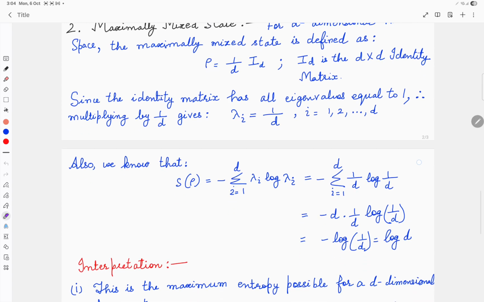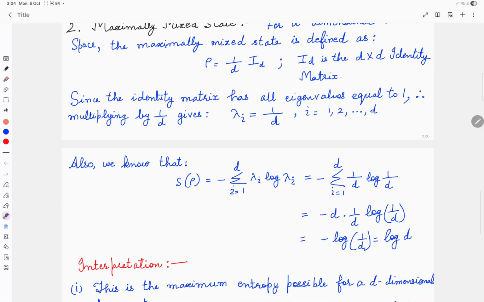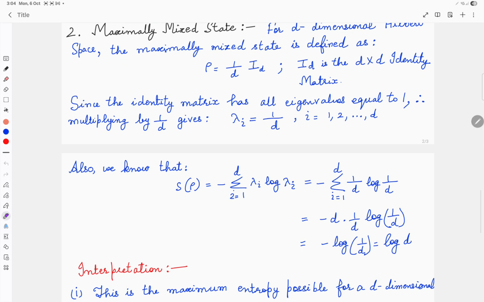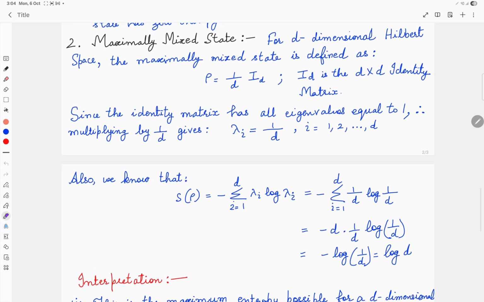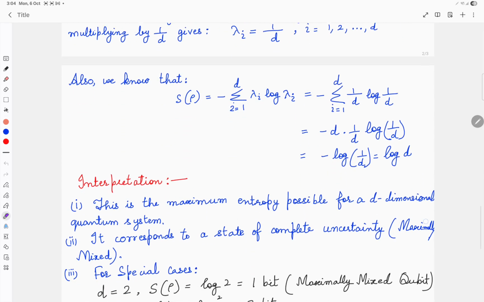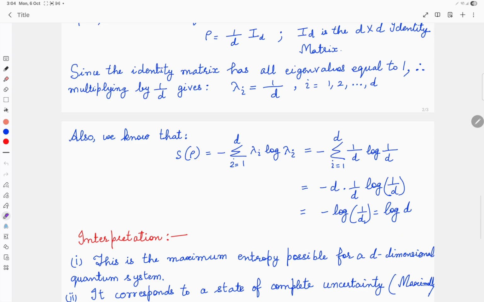So 1 multiplied by 1 over d will give the eigenvalues, and all eigenvalues will be equal to 1 over d. Using this eigenvalue, 1 over d, in the von Neumann entropy formula, we will get von Neumann entropy equal to log d. So in the case of the maximally mixed state, the von Neumann entropy will be equal to log of d, where d is the dimension of the density operator, the dimension of the Hilbert space.